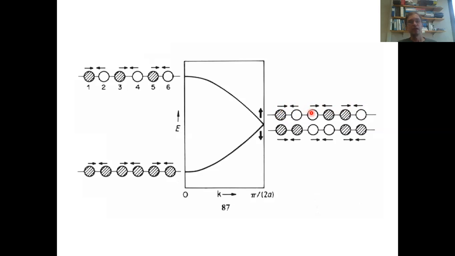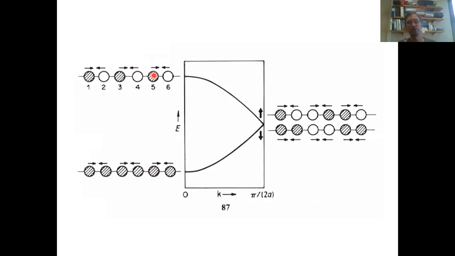Now, what will happen to these 2 orbitals? You see that for these 2 orbitals, we increase the bonding interactions here and here and here, but we weaken the bonding interactions here and here. Therefore, the energy of this crystal orbital here at k equal to 0 won't change. The same is true for this orbital here. We increase the antibonding interactions here, but we weaken them over there, increasing them here, weakening them over there.